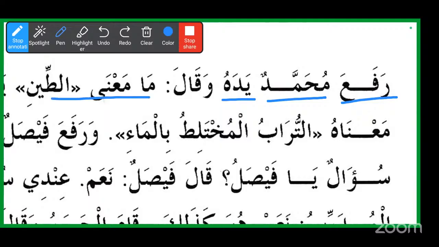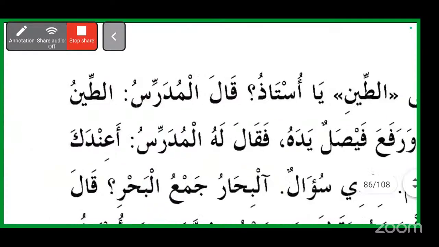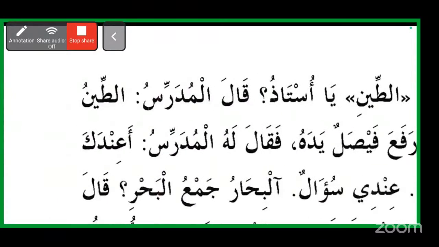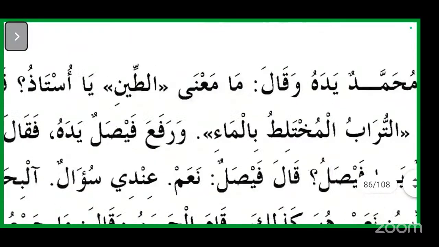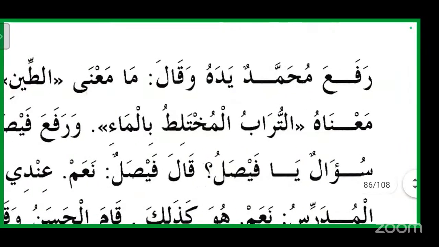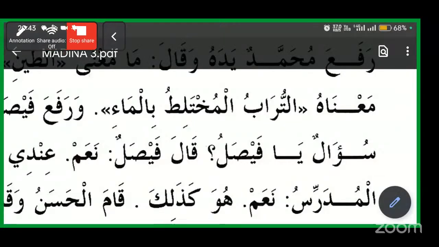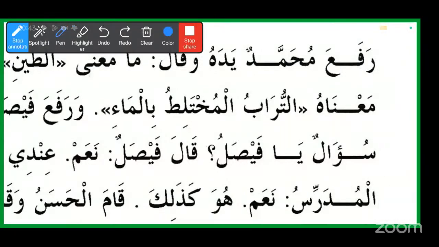What is the meaning of الطين يا أستاذ؟ قال المدرس الطين معناه التراب المختلط بالماء. What is the meaning of turab again?